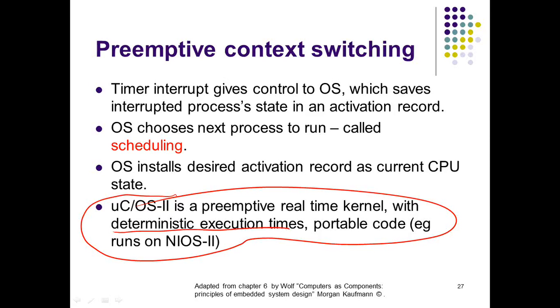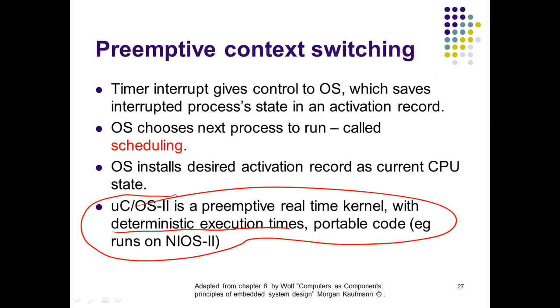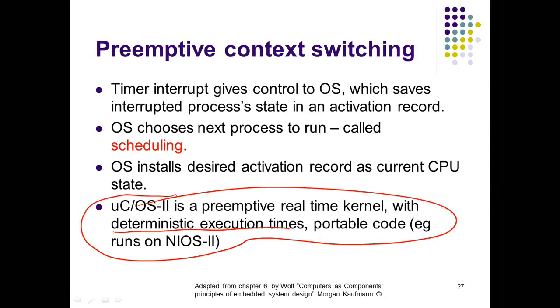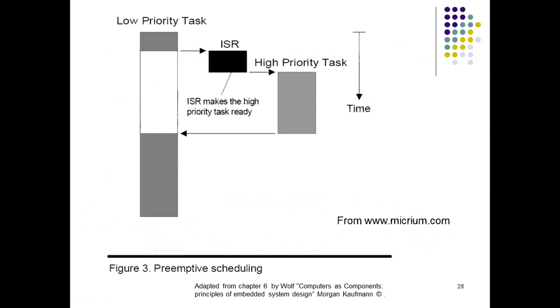Windows, Linux, and OS X won't be deterministic because they focus more on fair sharing, and they'll have other management tasks that run in the background. Whereas with a real-time kernel, you really want to know that things happen by a deadline. That is the difference between real-time kernels and general operating systems.